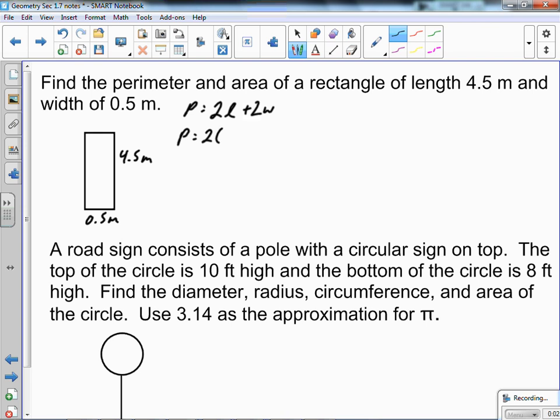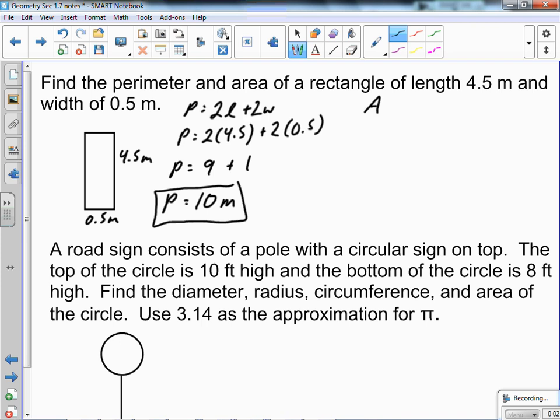So it'll be 2 times 4.5 plus 2 times 0.5. 2 times 4.5 is 9. 2 times 0.5 is 1. So the perimeter is going to be 10, and the units are meters, so 10 meters.